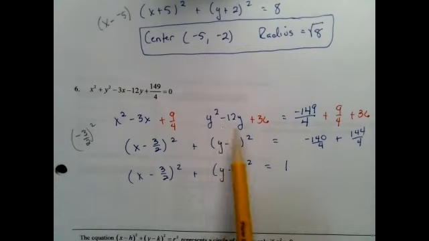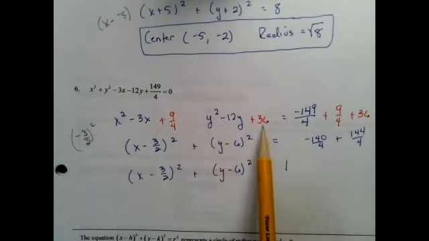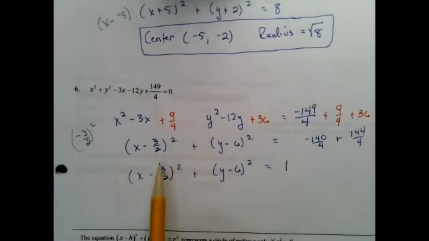Half of negative 6, squared, is 36. So I add 9/4, I add 36. What was the half it here? That's what goes into parentheses. X minus 3/2. Y minus 6.